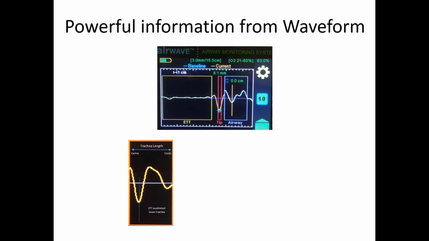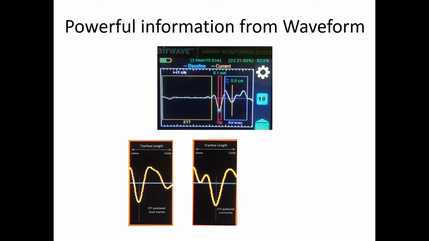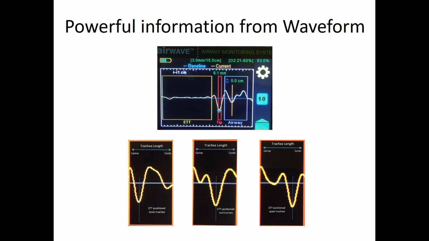In this box that I've now placed up there, I see a tip of the tube that's quite low in the trachea. I'm close to the carina. However, this one shows me I'm just right midline almost, right in the middle between the carina and the cords. And this one, this echo, shows that I'm really pretty high in the trachea, very close to the cords.